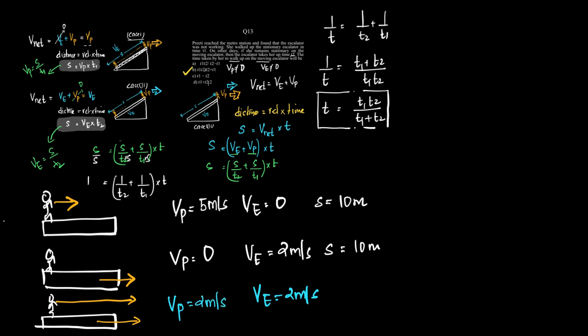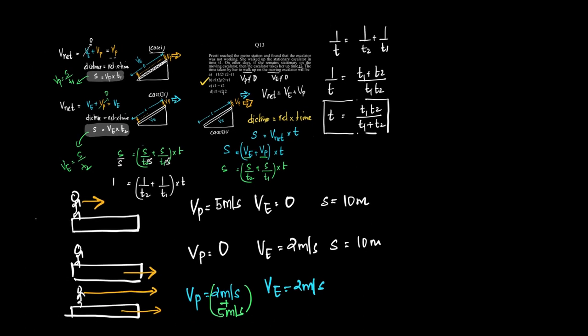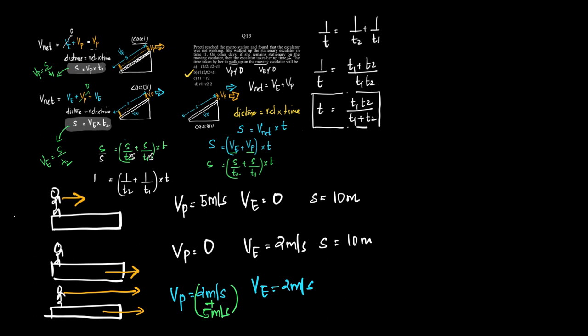But in this case, the person is not standing still, he is walking along the escalator, which means the person will give an additional component of velocity, and therefore the person will feel his velocity being added on top of the velocity of the escalator. So this is the fundamental concept to understand.